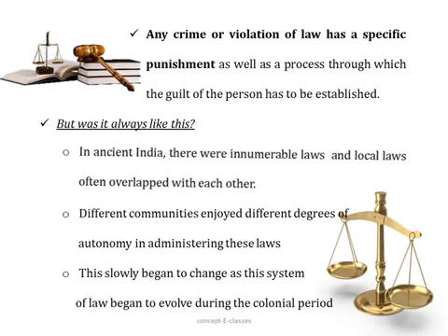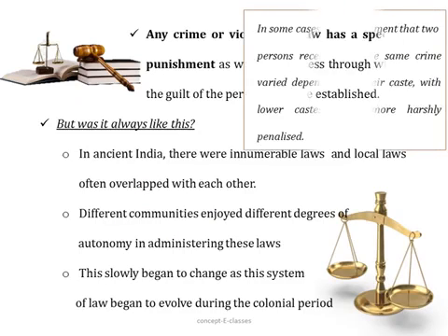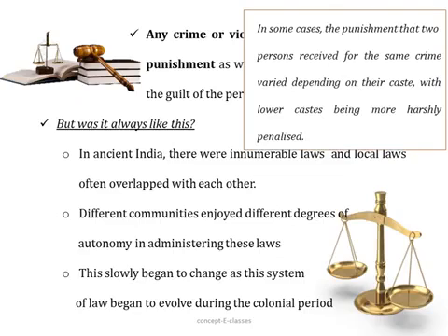No. In ancient India, there were innumerable laws. There were a lot of laws. And the local laws often overlapped with each other. Even different communities, based on their own whims or their own interests, used to administer these laws. For example, if two persons committed a crime, the punishment they received depended on their caste.